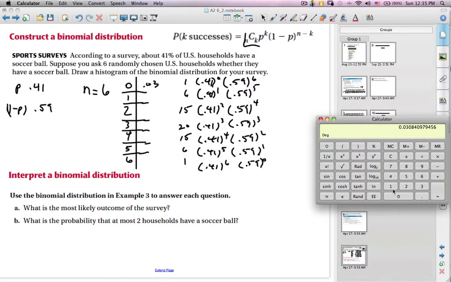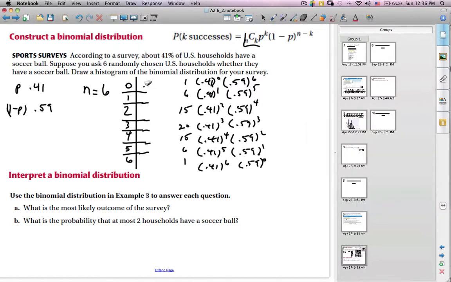I'm going to have 0.59 to the 5th power times 0.41 to the 1st power, which is just 0.41, times 6. And I have 17.6%. And actually, I'm going to put them in here as percentages instead of as decimals.